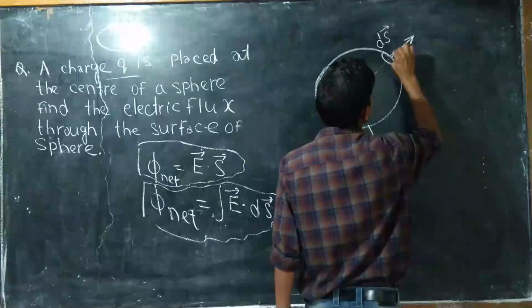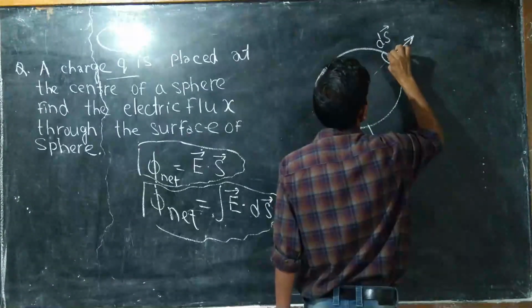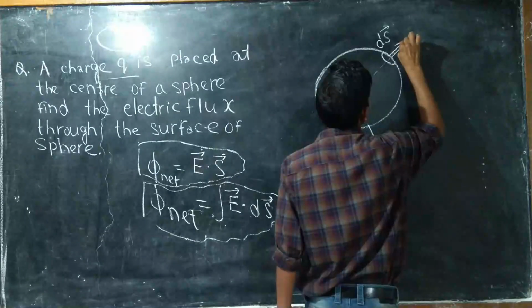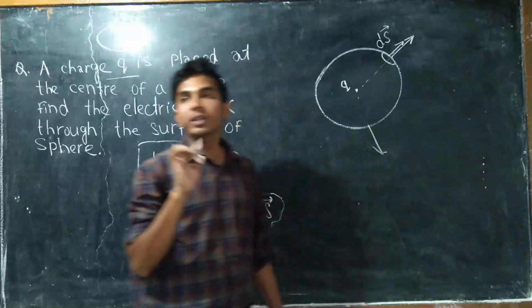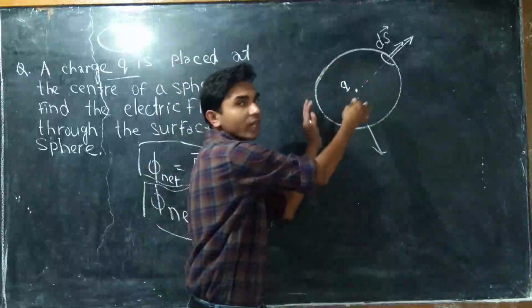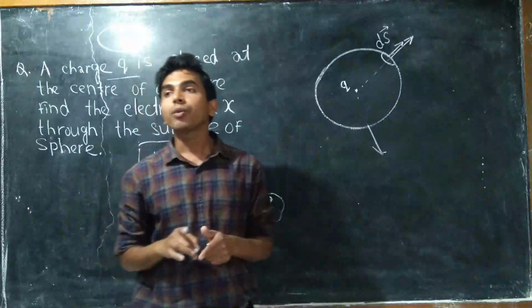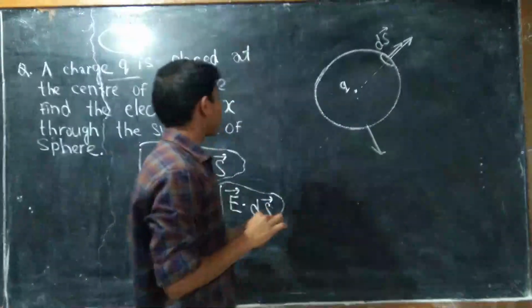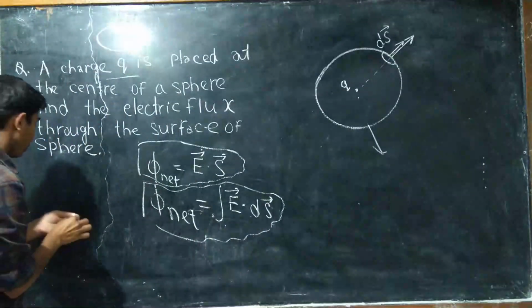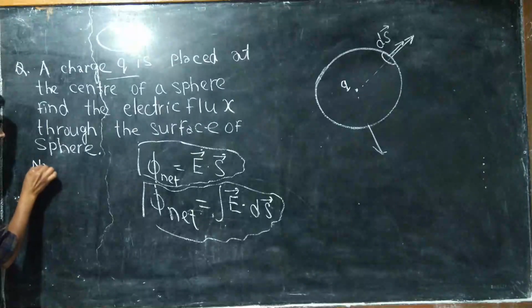The direction of dS is outward normal. You have to keep one thing in mind: for a closed surface, the outward normal will be the direction of the area vector.